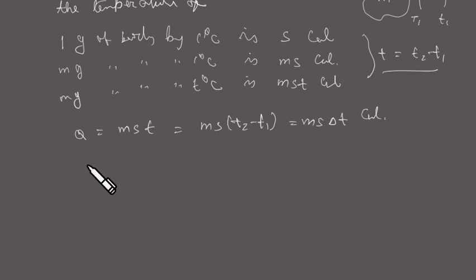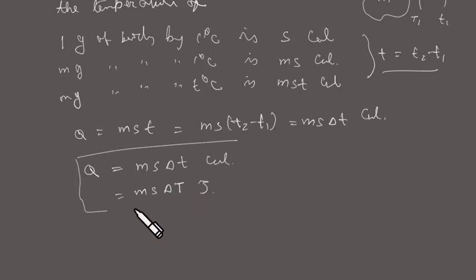So the equation for the amount of heat required to raise the temperature of any body of mass m by T degree Celsius, or by temperature ΔT, is given as m S ΔT calorie or m S ΔT joule.